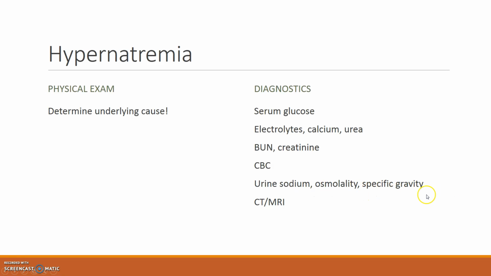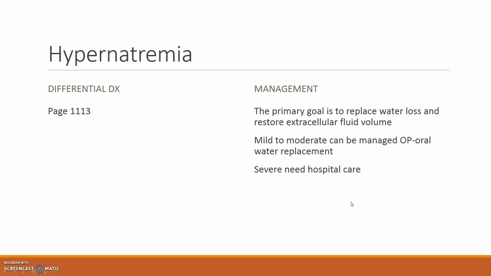I'm looking at that specific gravity in the urine to see how hydrated my patient is or overhydrated. And then CT or MRI, if you have an exam or a decision to try to determine that underlying cause.